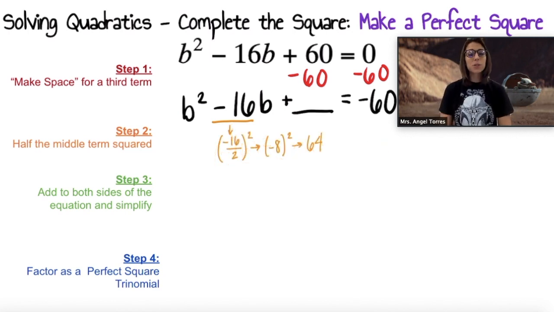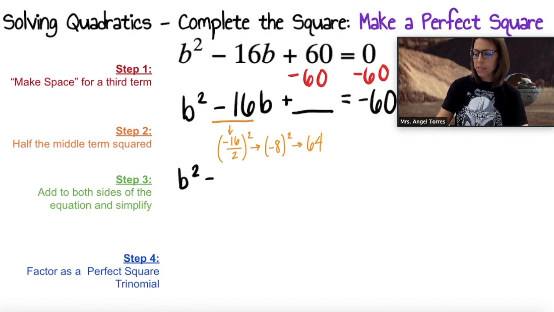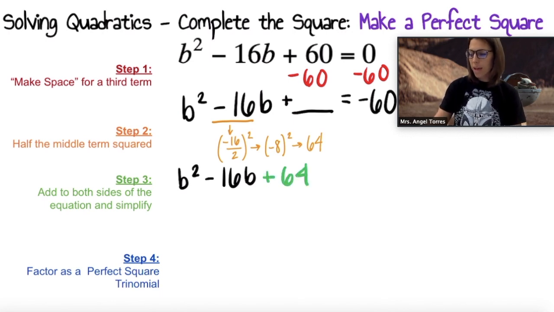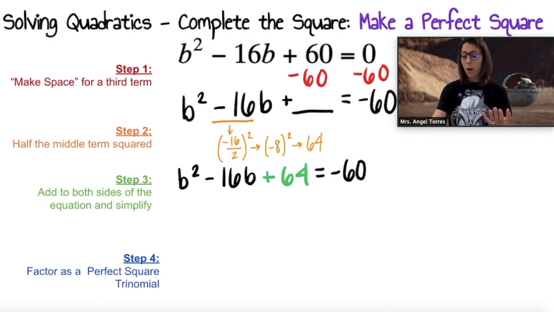That brings us to step 3. We're going to add that number to both sides of the equation and simplify. So bringing down the first 2 terms, b squared minus 16b, now we're going to add 64 as that term and bring down the rest of the equation. However, addition property of equality states if you add to one side, you better add to the other.